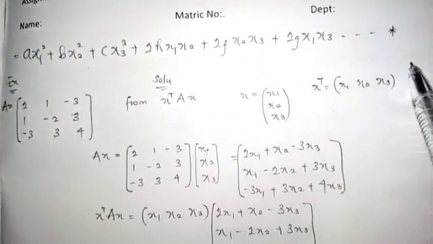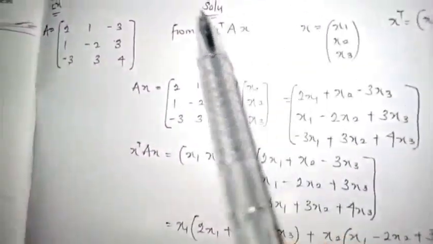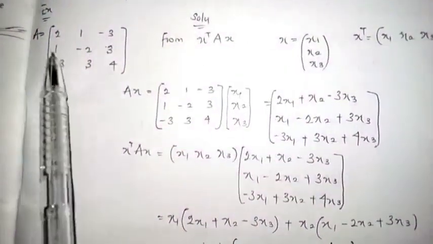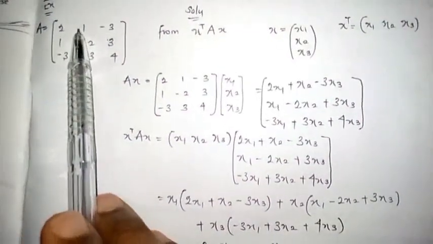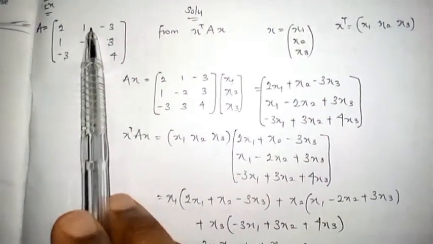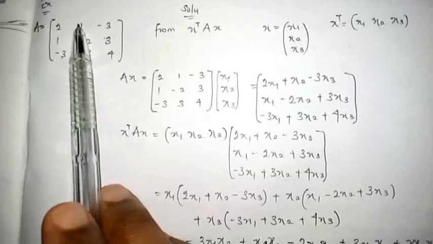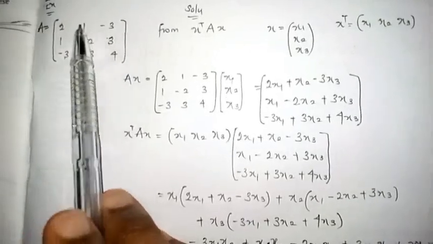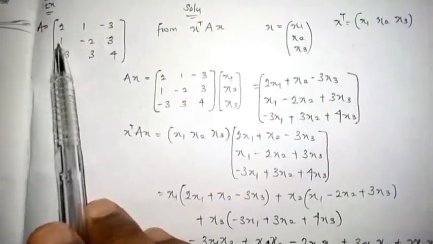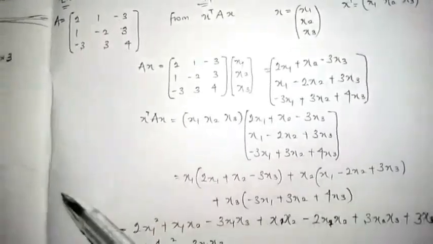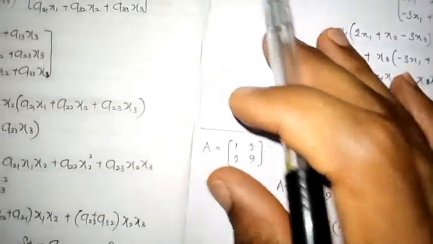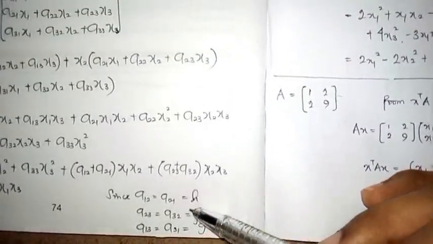So let's try an example of a 3 by 3 matrix given by 2, 1, minus 3. Now if you look at this, you find out that here this is a12, this is a21. You can see that they are the same. That was the reason why we represented by h, represented by f in the functions below here.